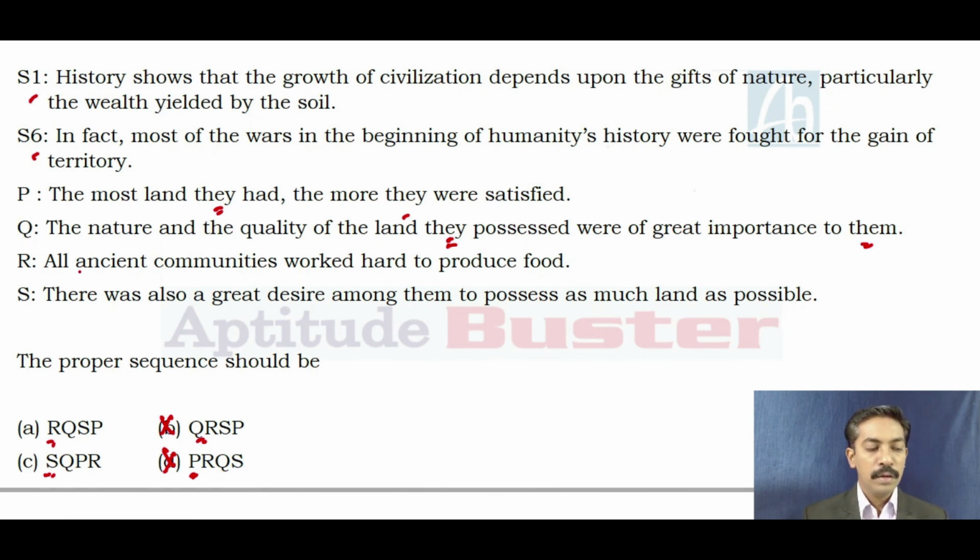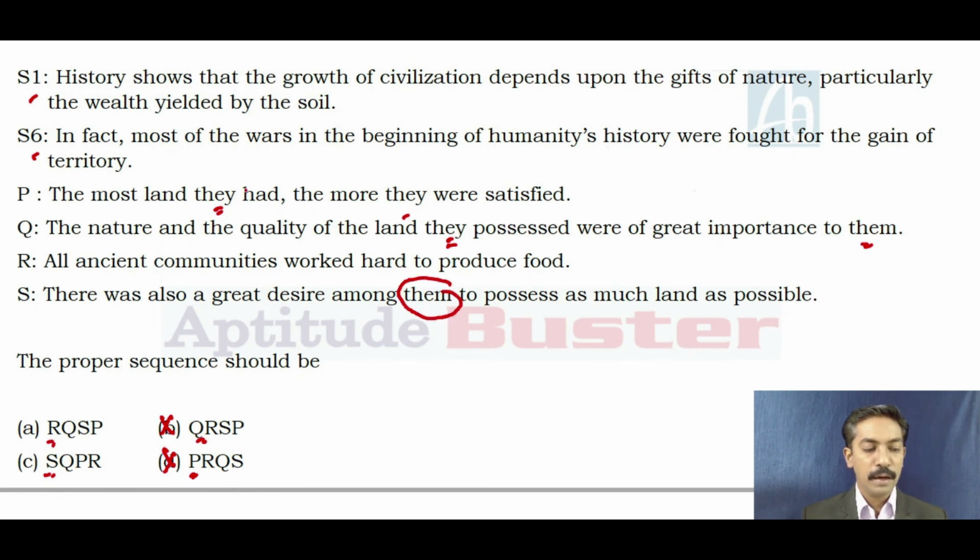Segment R. All ancient communities worked hard to produce food. This is the first sentence and this could be the second sentence. All ancient communities. Probably the pronoun they could be referring to ancient communities. Thereby, R makes sense. Probably A could be the answer. Let's reserve for a while. Let's check S. There was also a great desire among them.